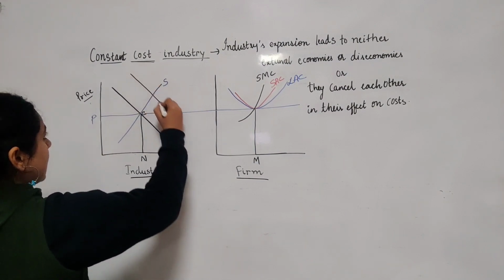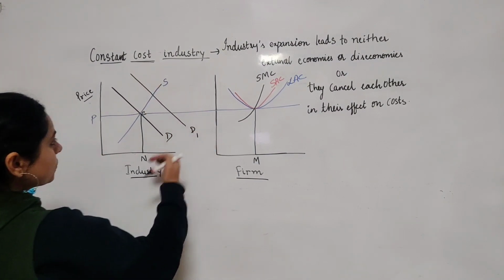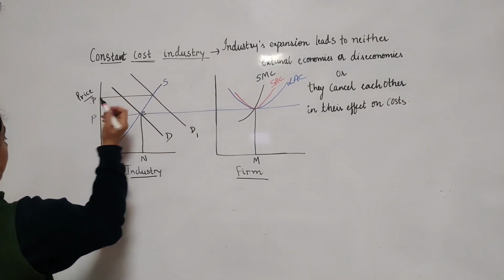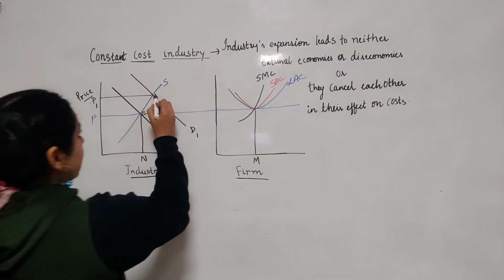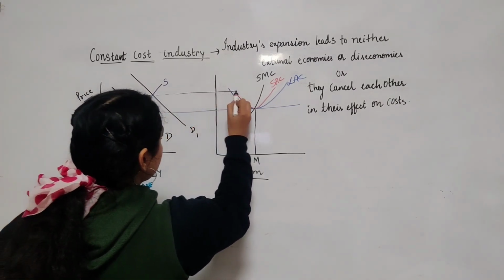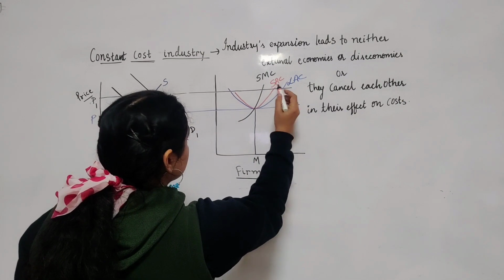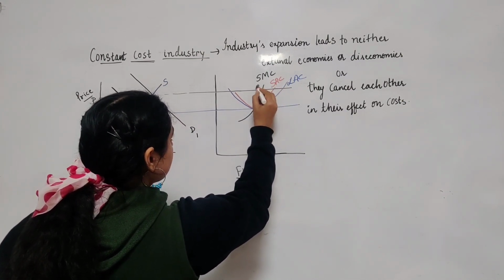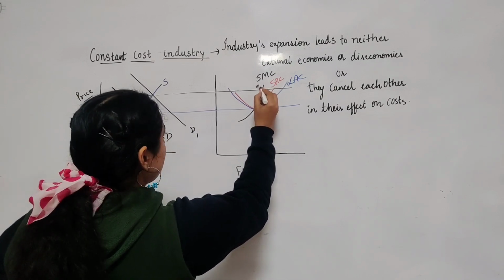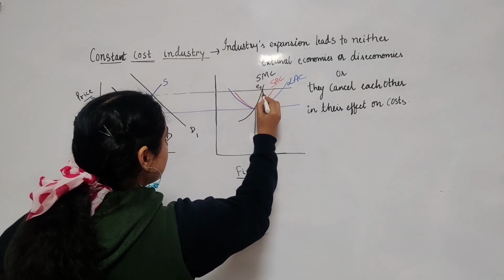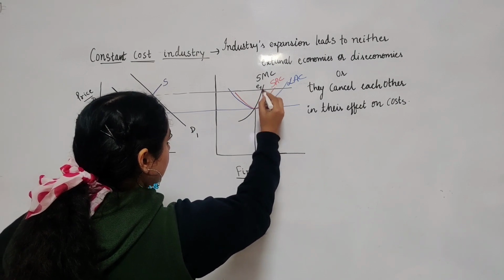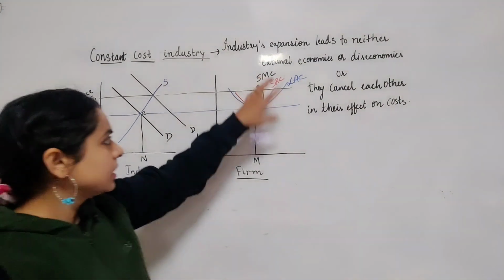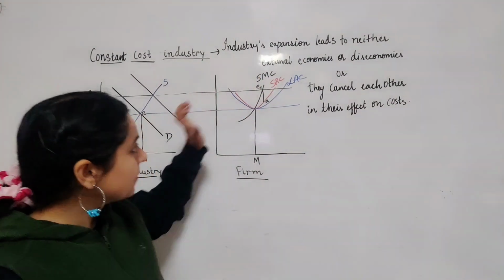So let's say that the demand curve shifts rightward, the price of the product will increase to P1, and at this price P1, this is the new equilibrium position for the firm, and at this new price of P1, the firm will be earning excess profit to the extent of AE1. The firm starts earning supernormal profit. Per unit profit here is AE1.